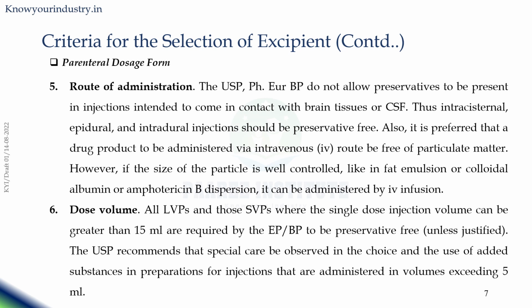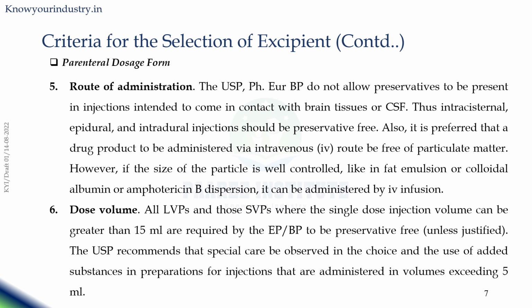Again, the dose volume, because we know that there is a difference between LVP and SVP. A dose of more than 15 ml is required by the EP to be preservative free unless it is justified.